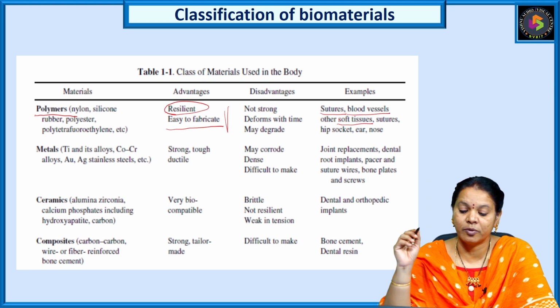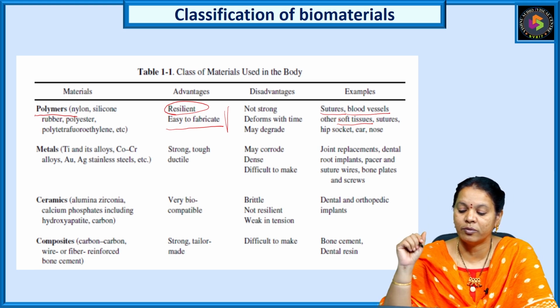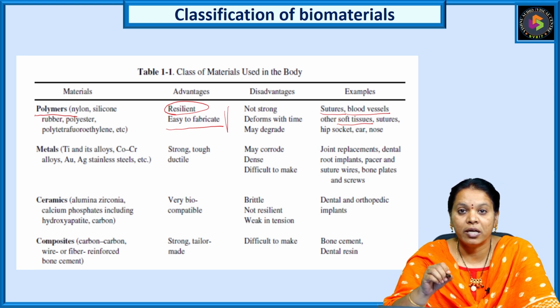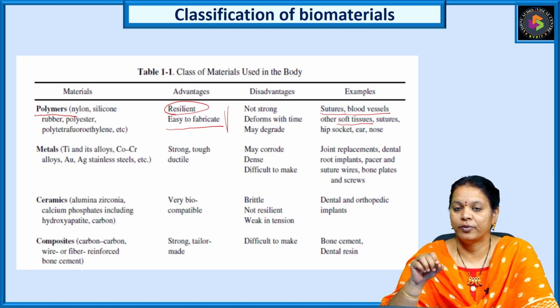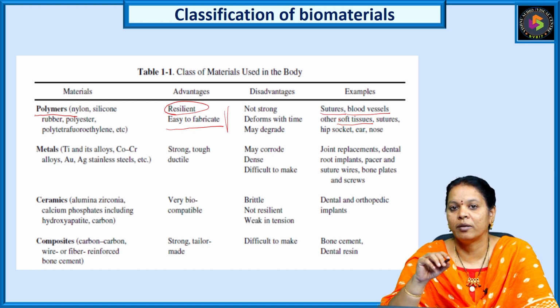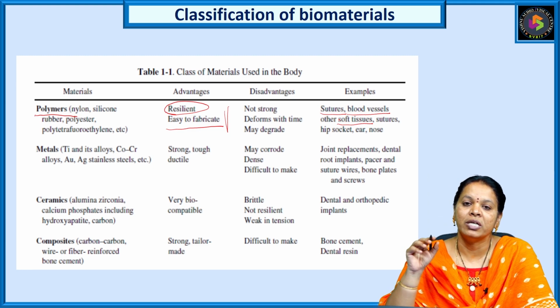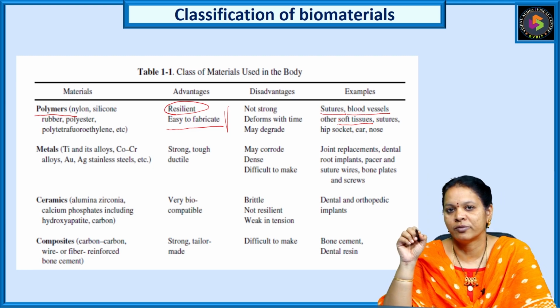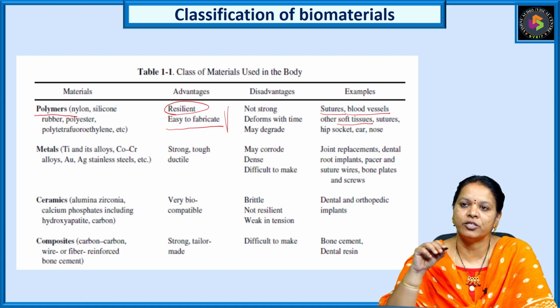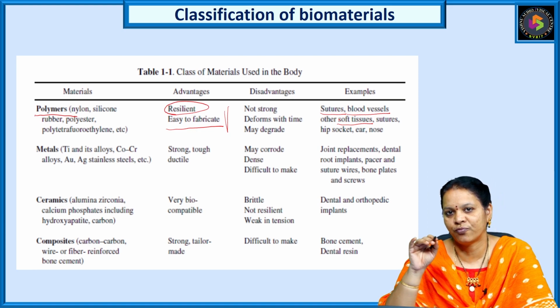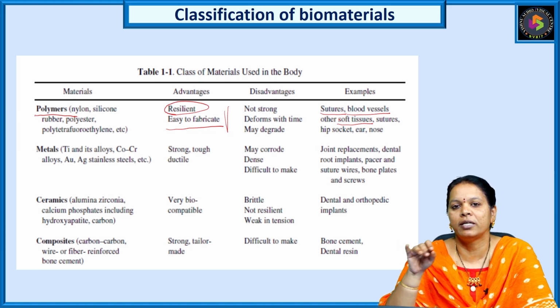Having discussed the advantages, coming to the disadvantages: when I say they are resilient, they are very soft enough and at the same time weak. Weak in terms of being highly sensitive to temperature, pH and other atmospheric conditions. So any change in the environmental condition or in these parameters will change its form and it will get degraded.